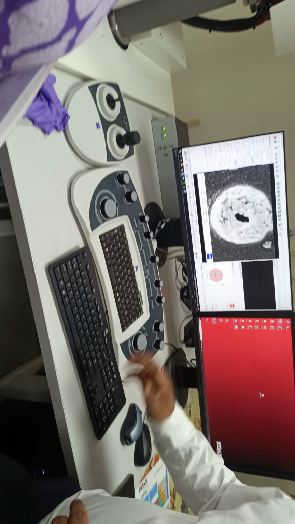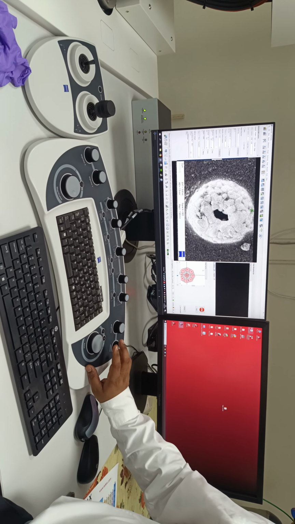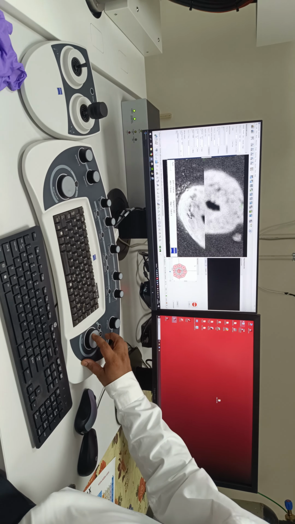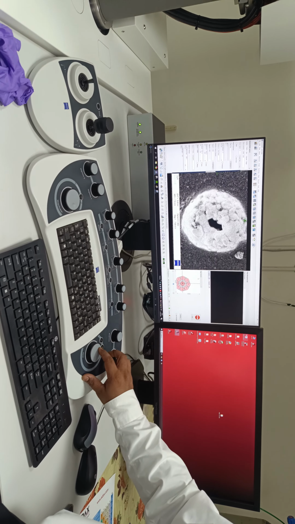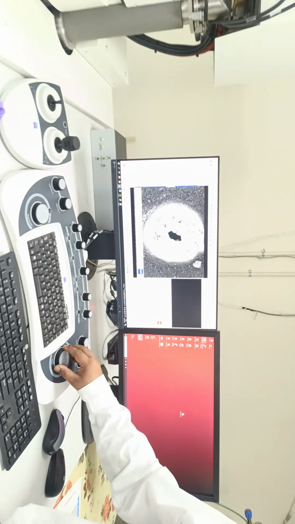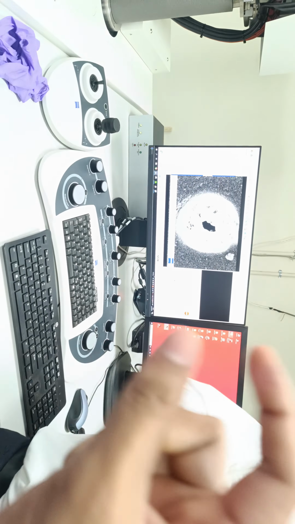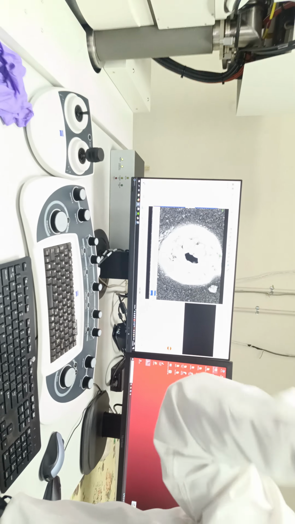Here, this is the control where we can control the focusing. After we do the focusing, we control the brightness. Focusing basically controls the current in the coils, specifically the objective lens.